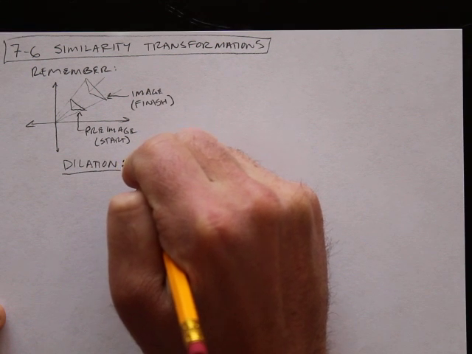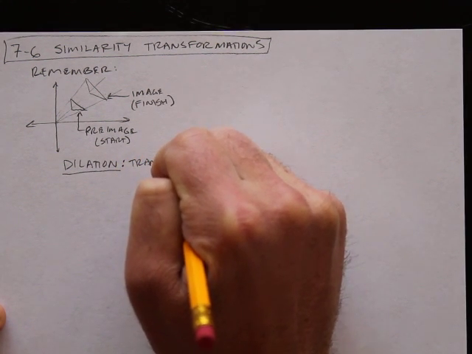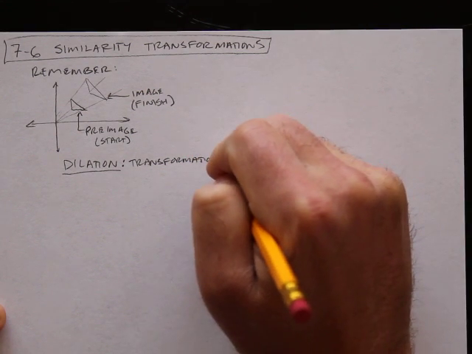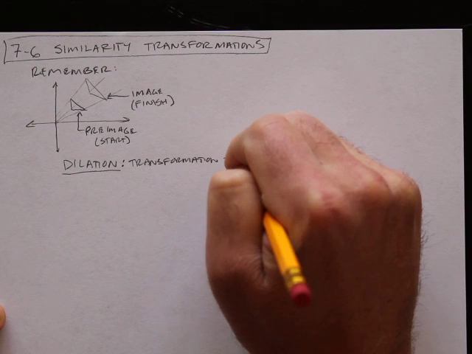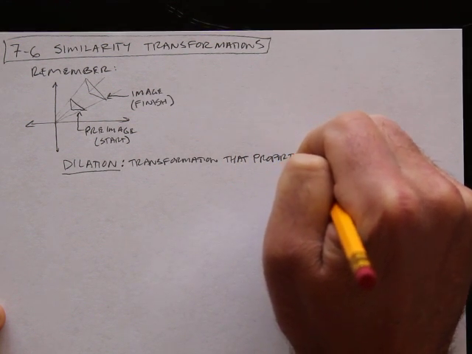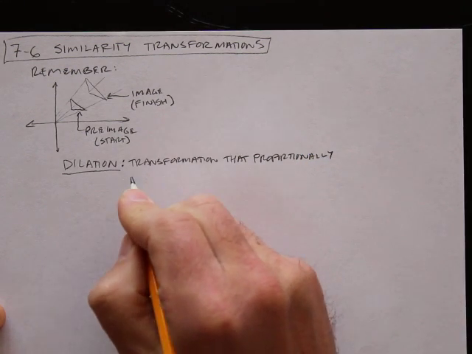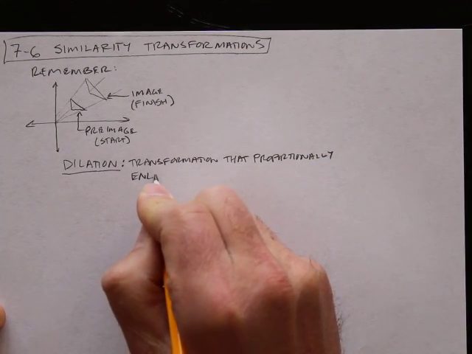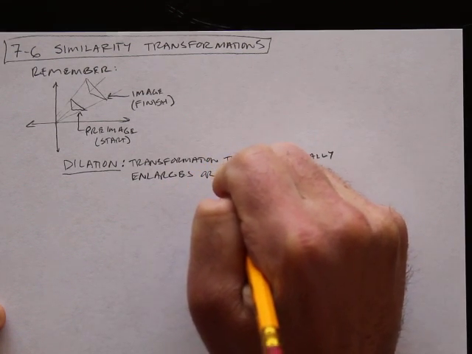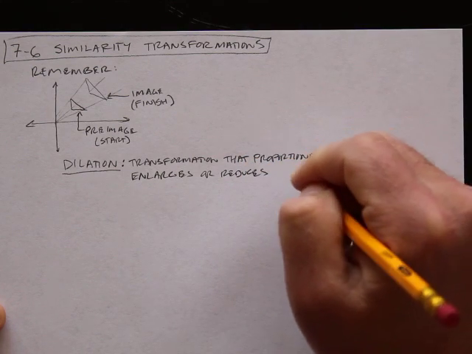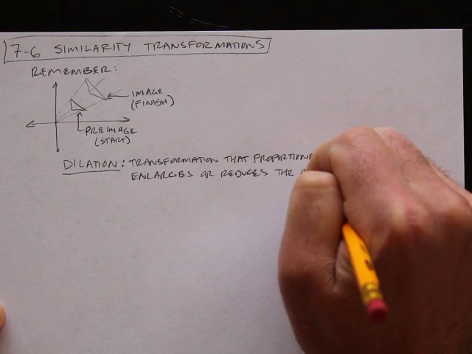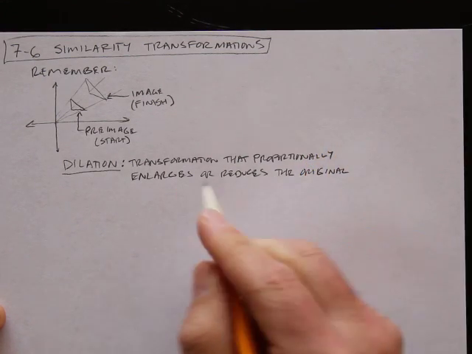It's a transformation that proportionally enlarges or reduces the original. So it makes it bigger or smaller.